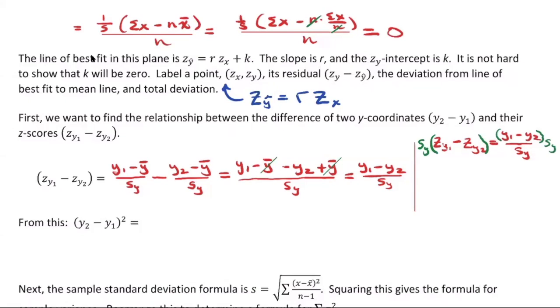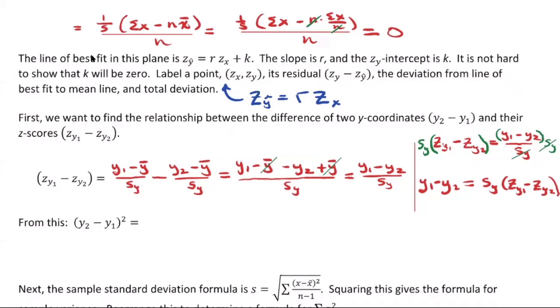The sy's cancel on the right side. And what this tells you is that the difference between the y coordinates, y1 minus y2, is the standard deviation of y times the difference of the z-scores. And we'll use this a lot.